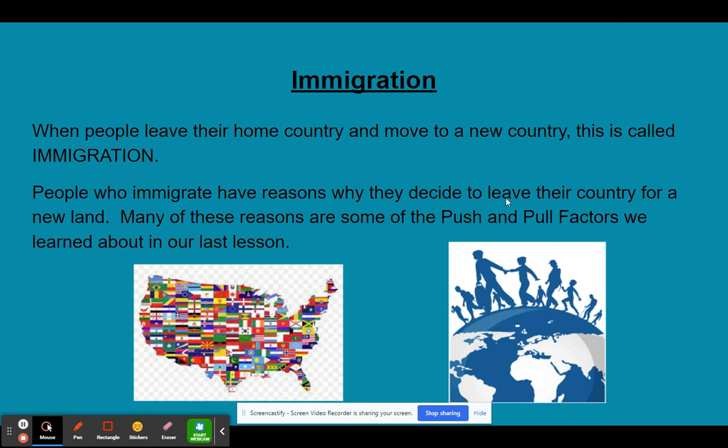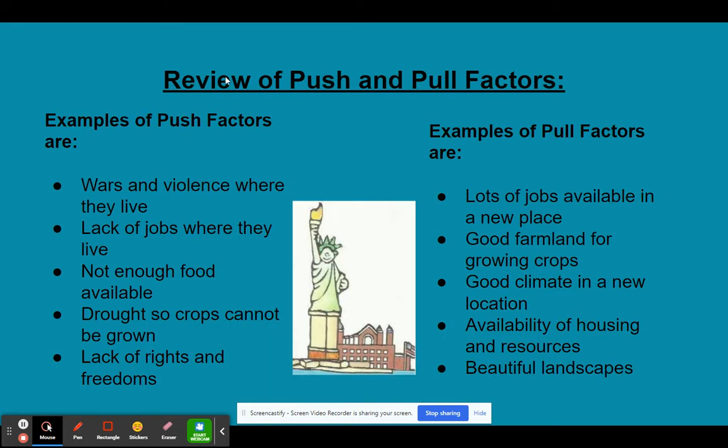People who immigrate have reasons why they decide to leave their country for a new land. Many of these reasons are some of the push and pull factors we learned about in our last lesson. So let's review what we learned last time about push and pull factors. Some examples of push factors: these are things that push people away from the country where they started or where they were born.